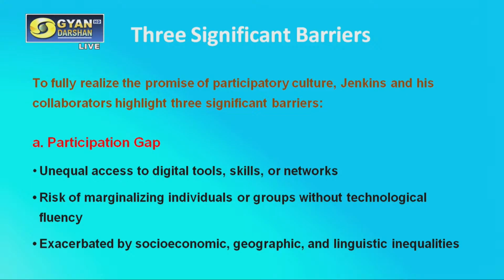And there is a scope that marginalized individuals and groups without technological influence get further isolated. Digital inequality is a social problem, as I mentioned. Further, here is another issue. Second is the transparency problem.